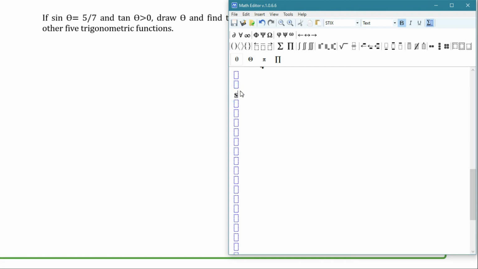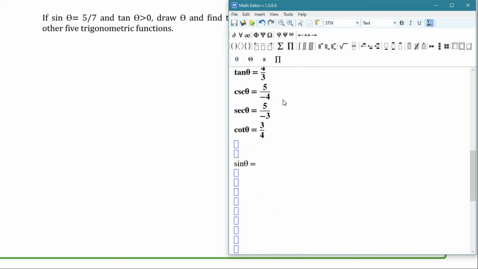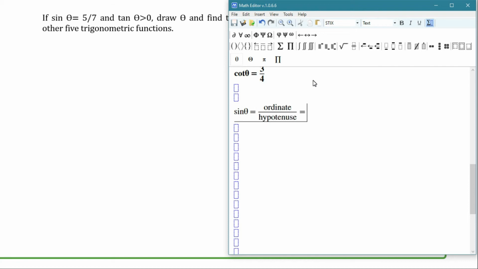Sine theta is ordinate over hypotenuse, or simply that is y over r.